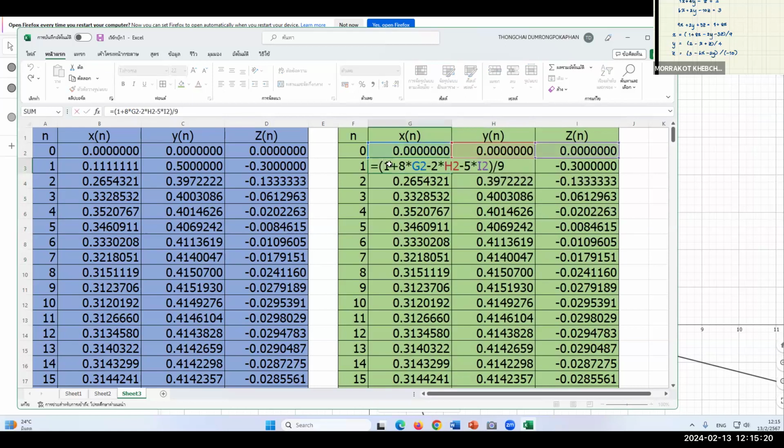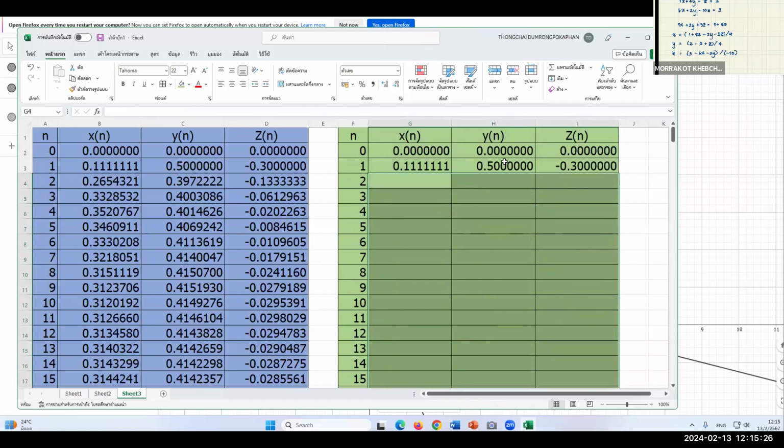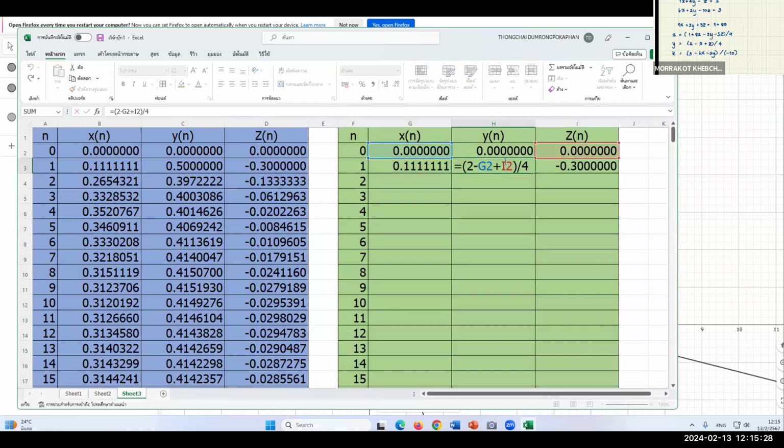Now, let me copy this one. Instead of using x above, you use x below.